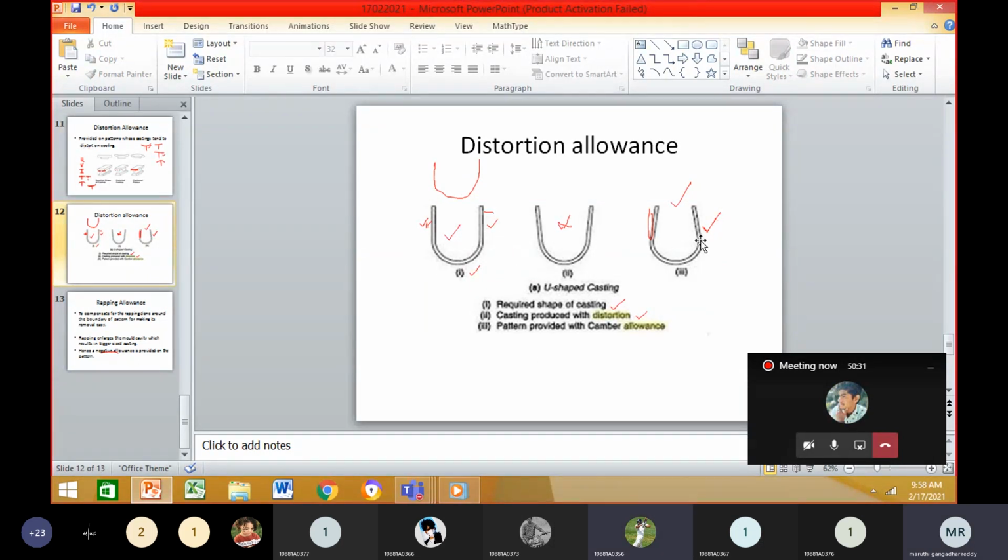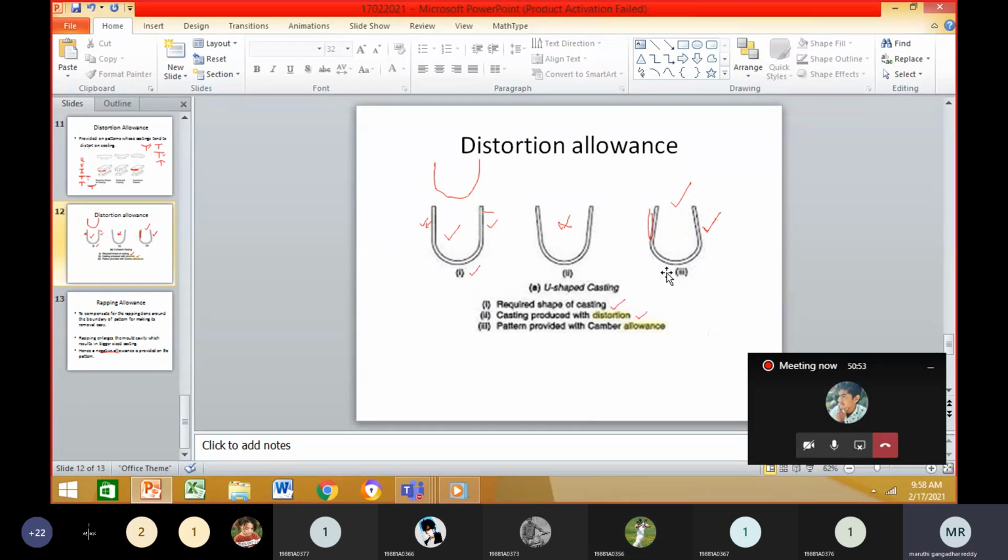Observe those figures. First, we require U-shaped casting. To produce U-shaped casting, which type of pattern do we need to use? Second one or third one?